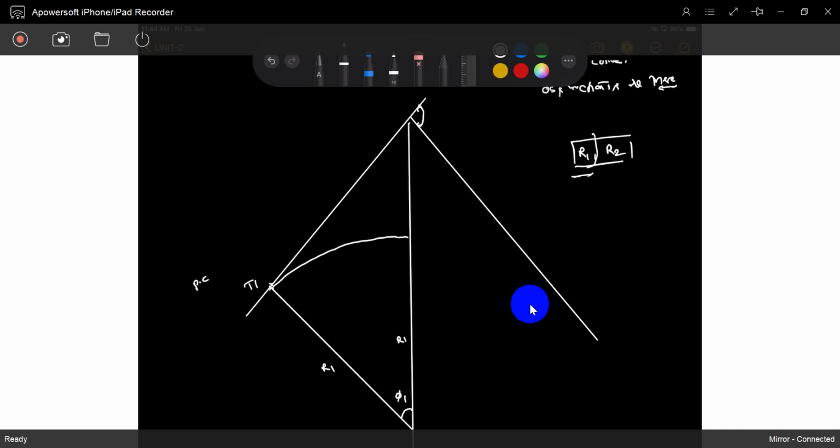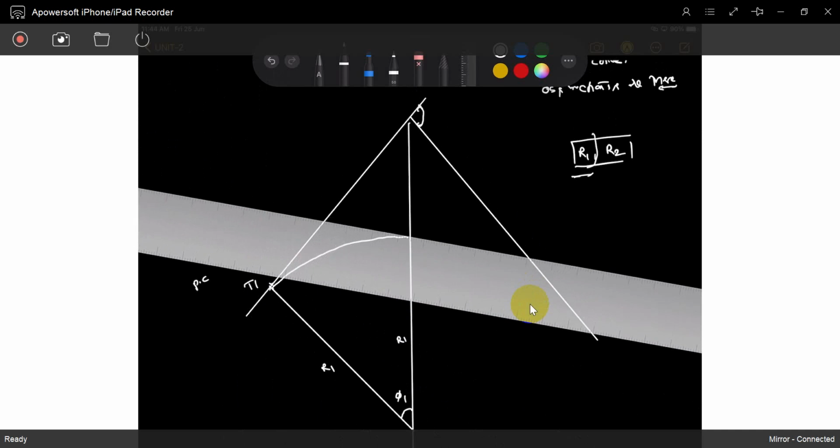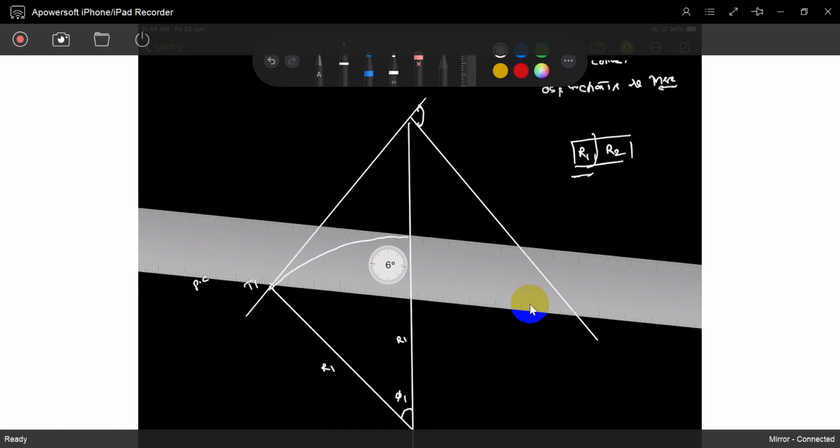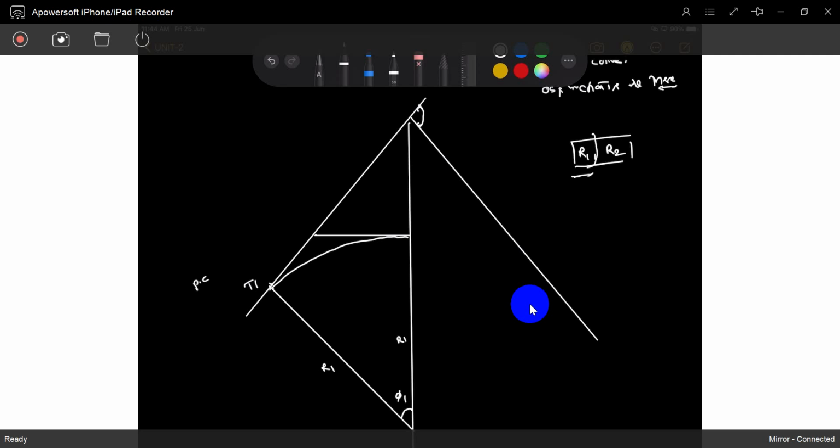Also draw a tangent at this location. Draw a tangent at this location.